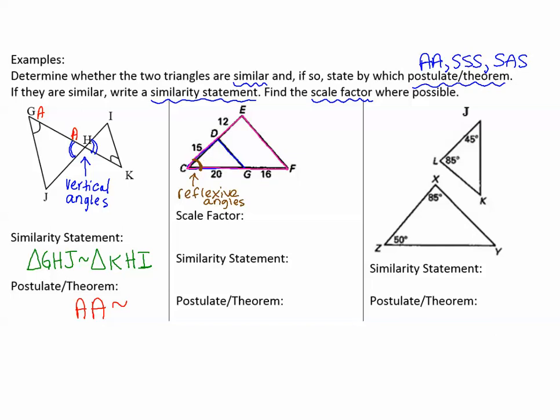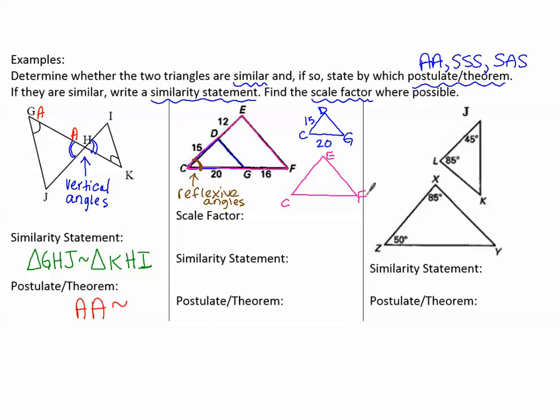Now, it may be helpful that we draw these two triangles separately. So I'm going to draw the little triangle and make sure it looks little, CDG. And I'm going to label the two sides they gave me, 15 and 20. Then I'm going to draw the larger triangle, CEF.